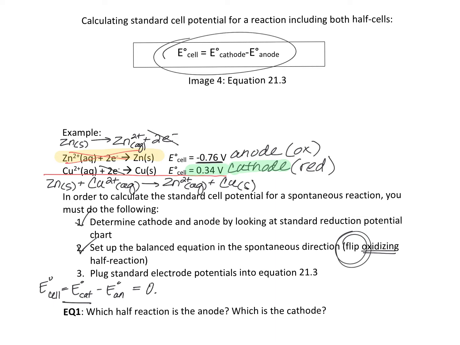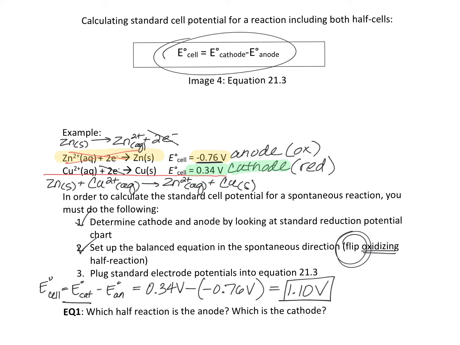So 0.34 volts minus, okay, and then my anode is negative 0.76. So you keep that negative there. Negative 0.76 volts. 1.10 should be your final answer.